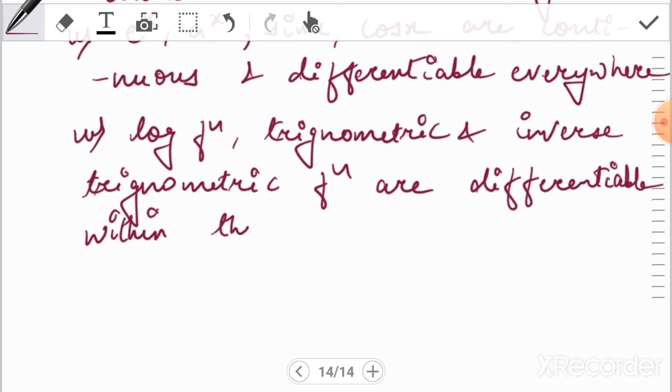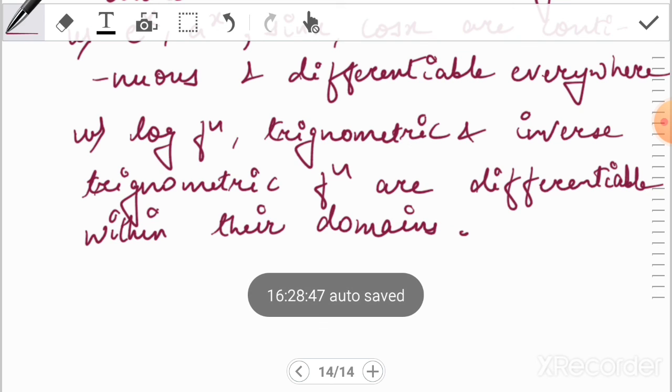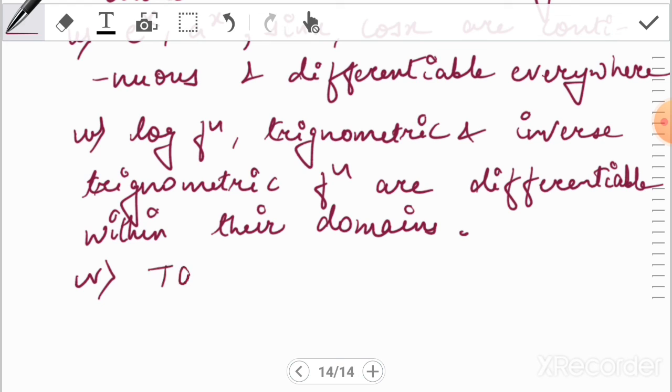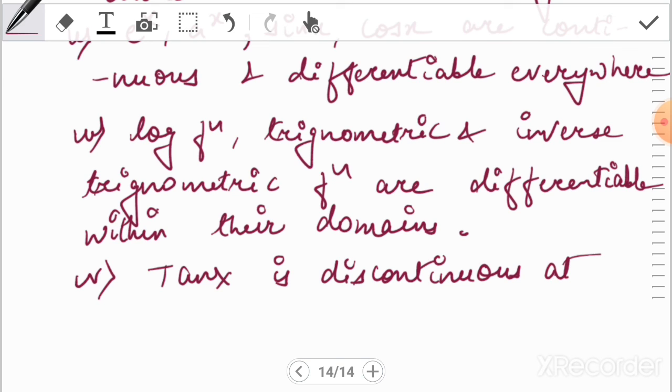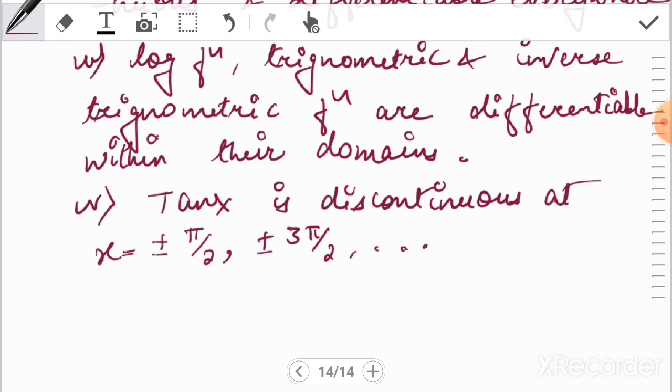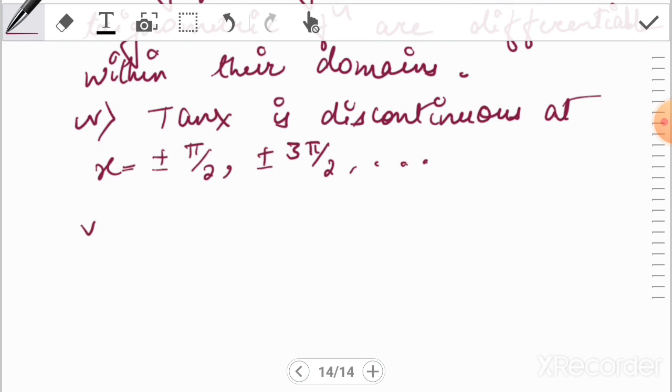Next, tan x is discontinuous at x is equal to plus minus pi by 2, plus minus 3 pi by 2, and so on. Mod x is continuous but not differentiable at x is equal to 0.